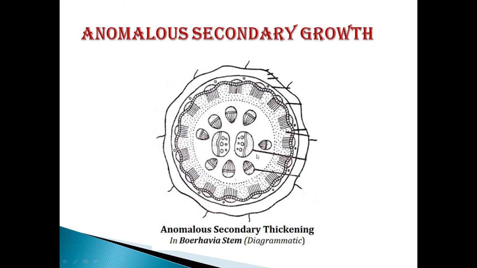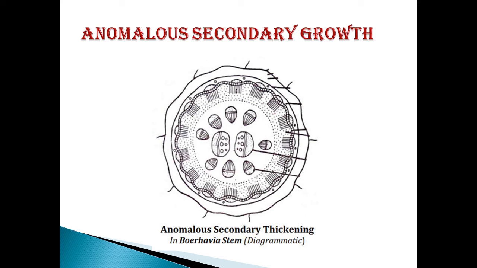Now the anomalous secondary growth. The majority of angiospermic plants possess a stelar structure of the normal type, but several of them have unusual structure, that is, they show deviation from the normal pattern of development. These deviations are regarded as anomalies or abnormalities.